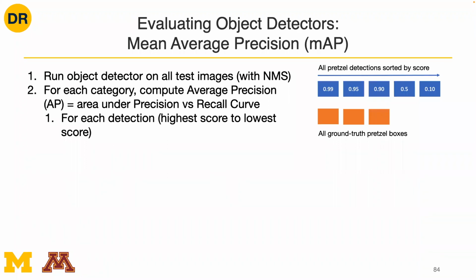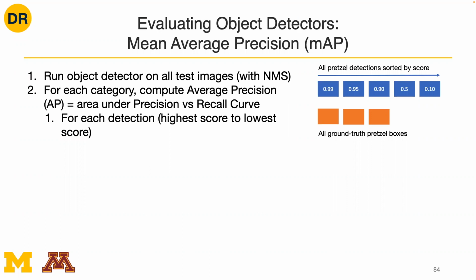So in all of these test images, we care about only pretzel. So first of all, let's do detection for pretzel in all of these test images. And we will rank these detections from high score to low score. As you see on the right side of the slide, there are five detections in all of the test images.